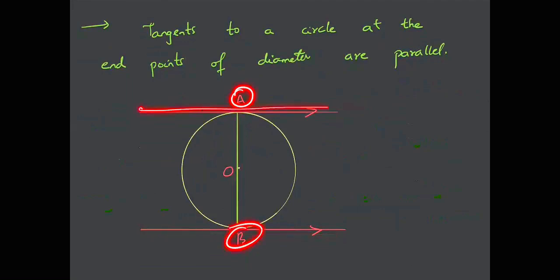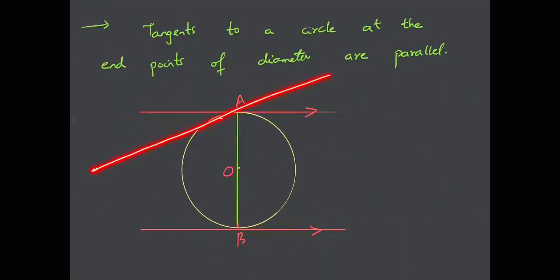and point B. By the way, we have studied what is a tangent from an external point to a circle. What do we mean by tangent at a point on a circle? Suppose P is on the circle, then what do we mean by tangent at point P?